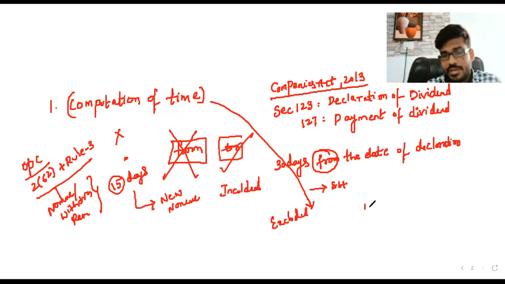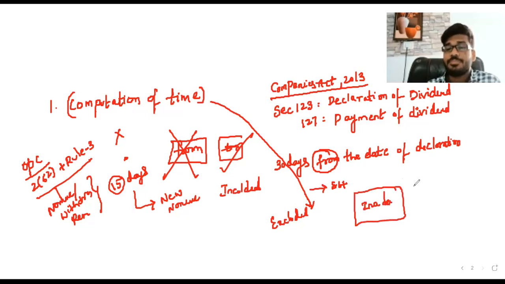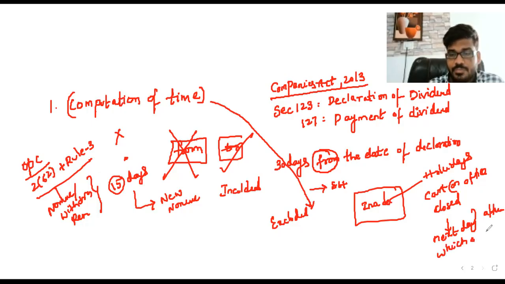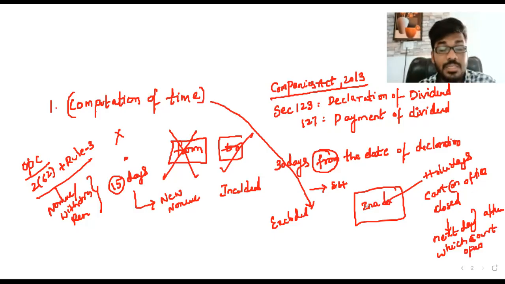The last series of days is included, but if the last day is a holiday, as on that date the court or office is closed, hence, the court or office being closed on that prescribed day, the act shall be considered done or taken in due time if done or taken the next day after which the court opens. So this is the scenario of computation of time.